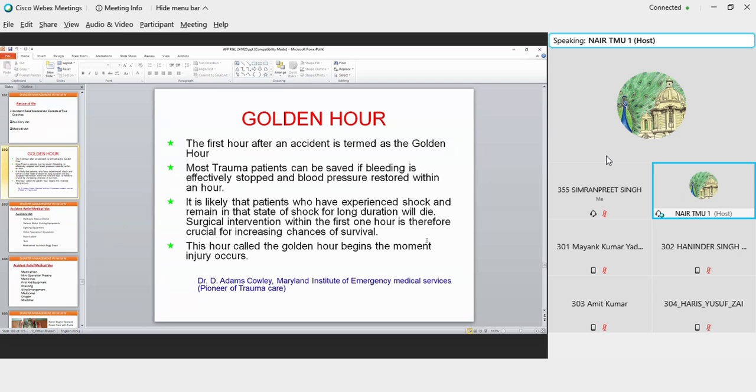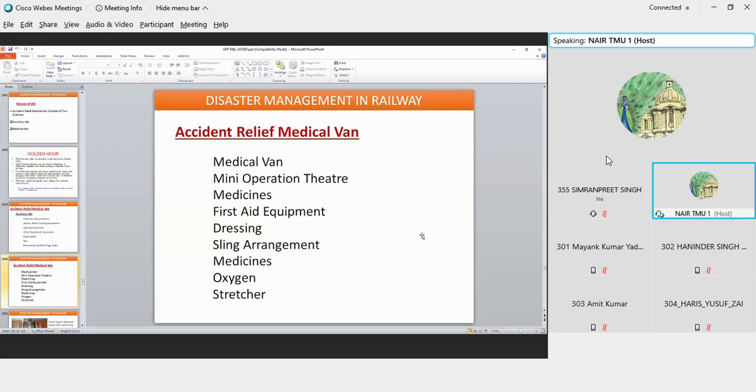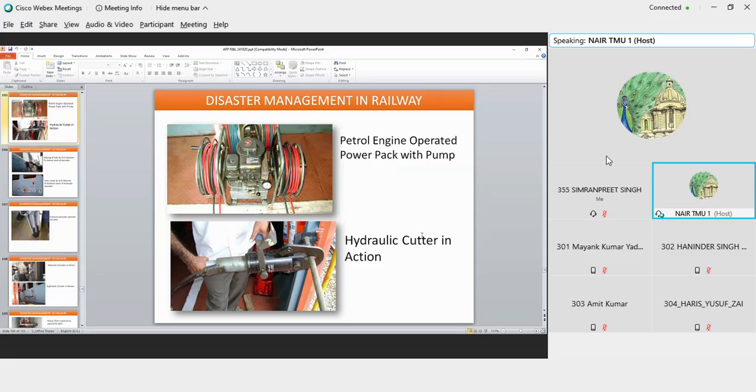This is the concept of golden hour, that you're supposed to provide relief and succor as quickly as possible. Now the auxiliary van which is connected, I'll quickly show you some photographs of the equipment which is available in a medical van when it is going for restoration work. You see these are hydraulic cutters.